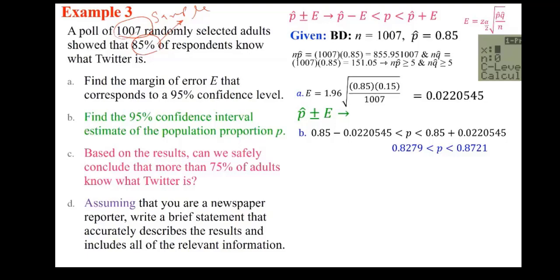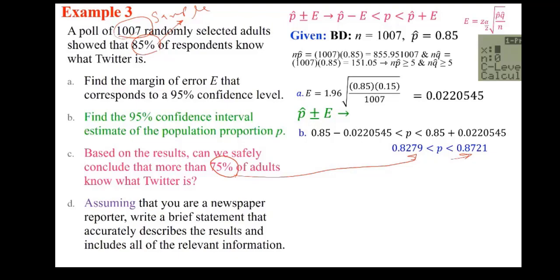Now, based on the result, can we safely conclude more than 75% of adults know what Twitter is? What do you think? Yes or no? Yes. Why is that? The interval is above 0.75, so we can assume that it's greater. Absolutely, perfect. Look at this number, 75%. When you compare it, both of these numbers are larger than 75%.